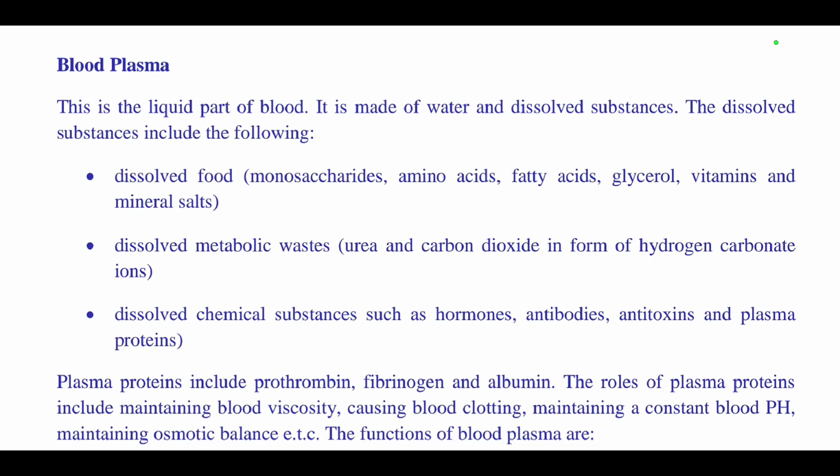Number one, dissolved food, such as sugars, monosaccharides, amino acids, fatty acids, glycerol, vitamins, and mineral salts.